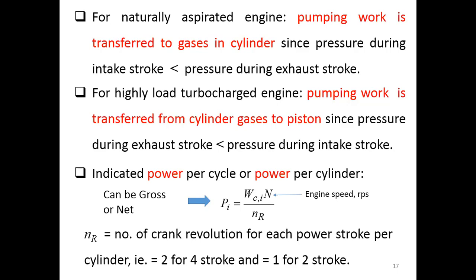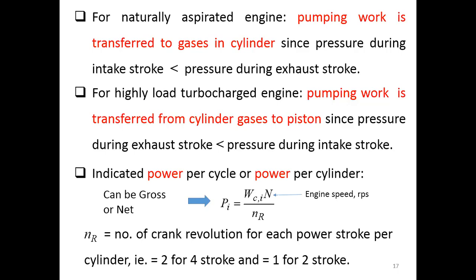And that is the reason why an engine equipped with a turbocharger gives you a higher amount of work than the engine without a turbocharger. That advantage comes from the pumping work that used to be given, but now this pumping work becomes our helper.